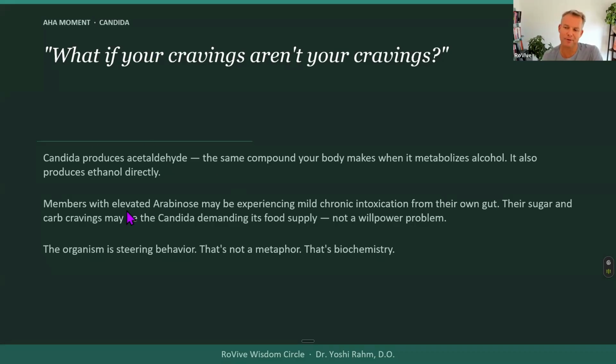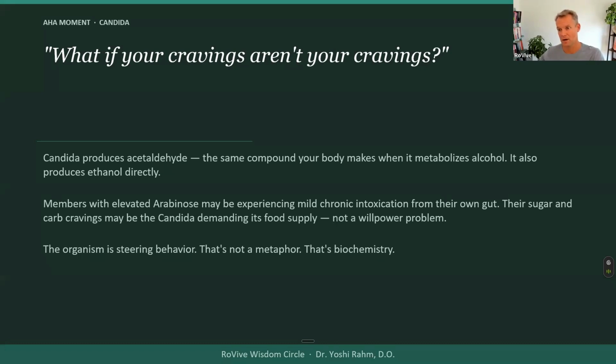Now, I put a couple of little aha moment quotes here, as you'll notice. What if your cravings aren't your cravings? Candida produces acetaldehyde, the same compound your body makes when it metabolizes alcohol. It also produces ethanol directly. Members with elevated arabinose, one of those organic acids, may be experiencing mild chronic intoxication from their own gut.